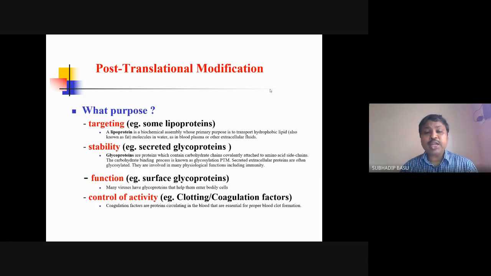What is a lipoprotein? A lipoprotein is a biochemical assembly whose primary purpose is to transport hydrophobic lipids, that is fats. These are proteins which transport fat in water, as in blood plasma and other extracellular fluids.